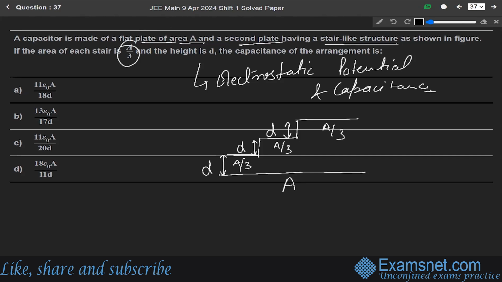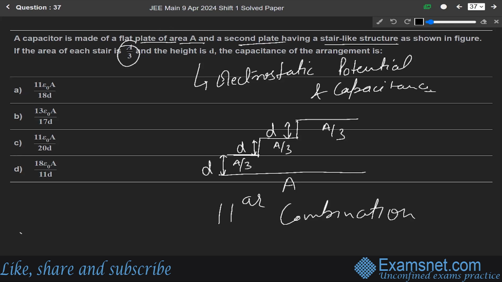So the capacitance of the arrangement is, okay. For this, we can solve it like this. All these capacitors are in parallel. So this is a parallel combination.